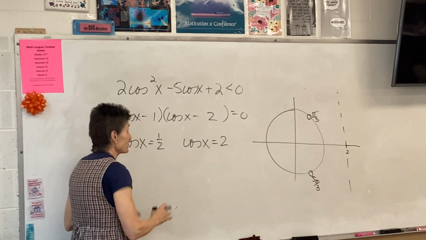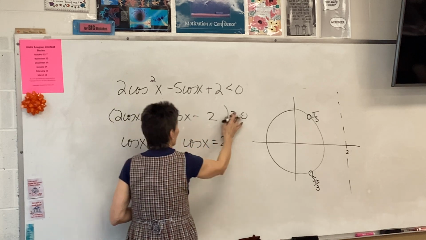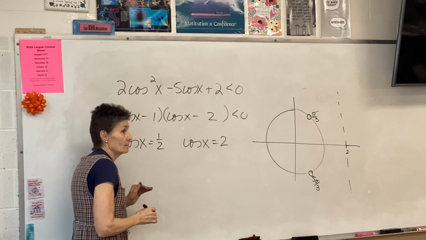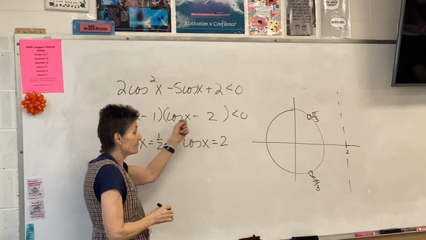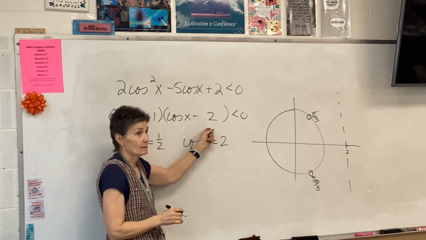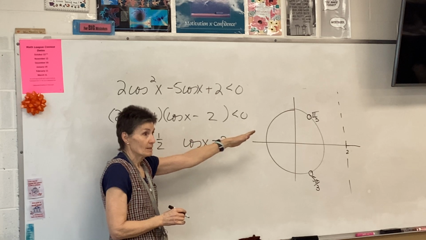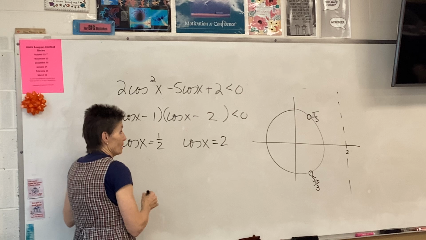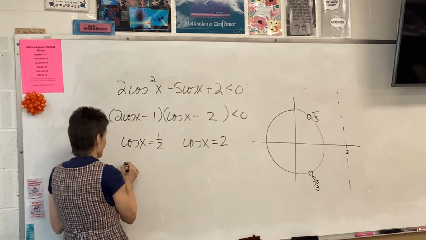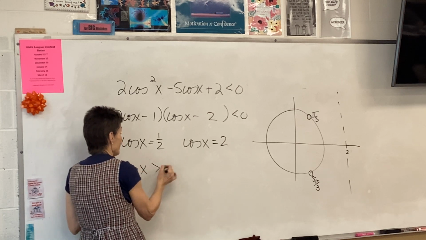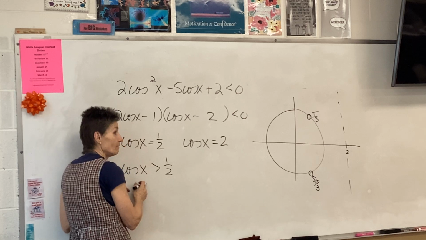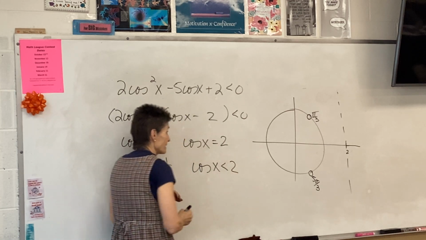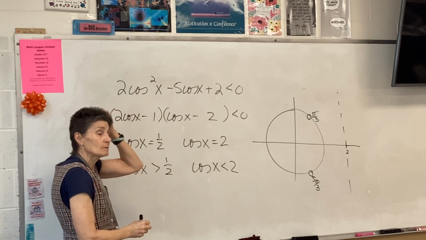All right, so now we've got to set up our problem. Remember, it wasn't an equals, it was a less than. So you are multiplying two things, and you're being negative. So what do we know about the two things? One's positive, so we'll let cosine x be bigger than 1/2, positive. And the other one's negative, we'll let cosine be less than 2.